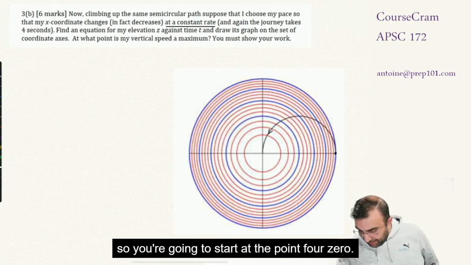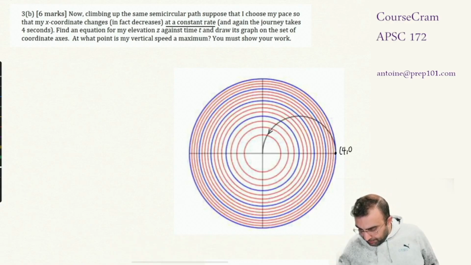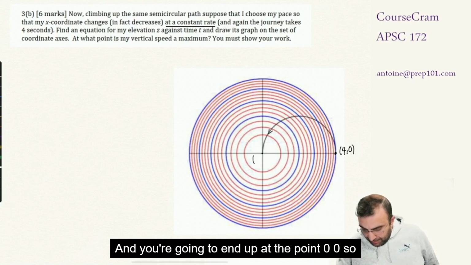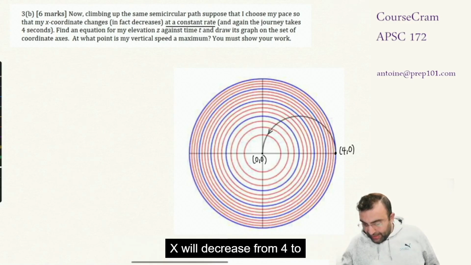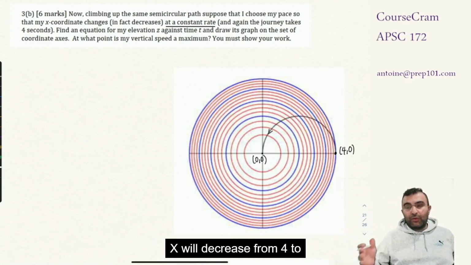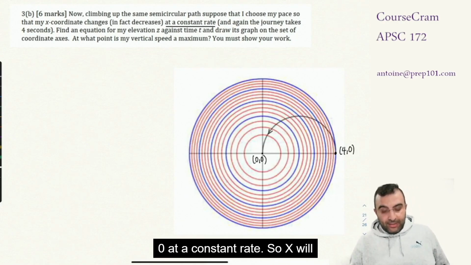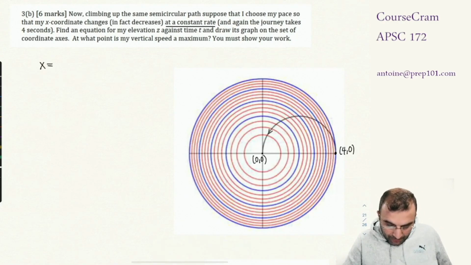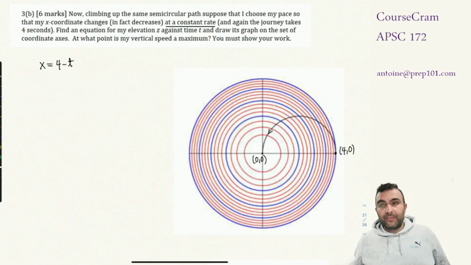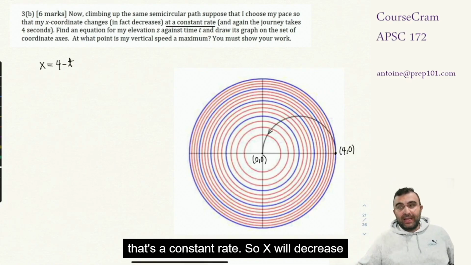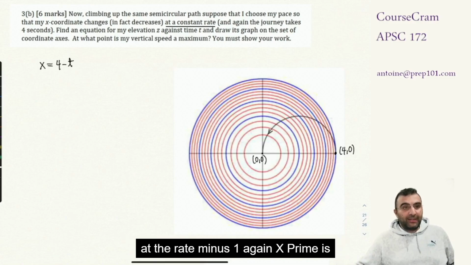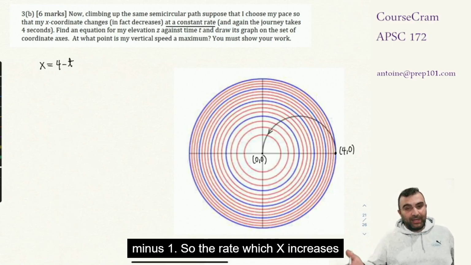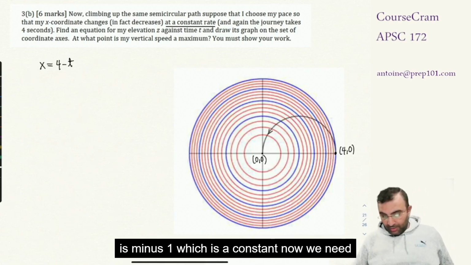So you're going to start at the point (4, 0), and you're going to end up at the point (0, 0). So x will decrease from 4 to 0 at a constant rate. So x will be 4 minus t. It's a constant rate. So x prime is minus 1, which is a constant.